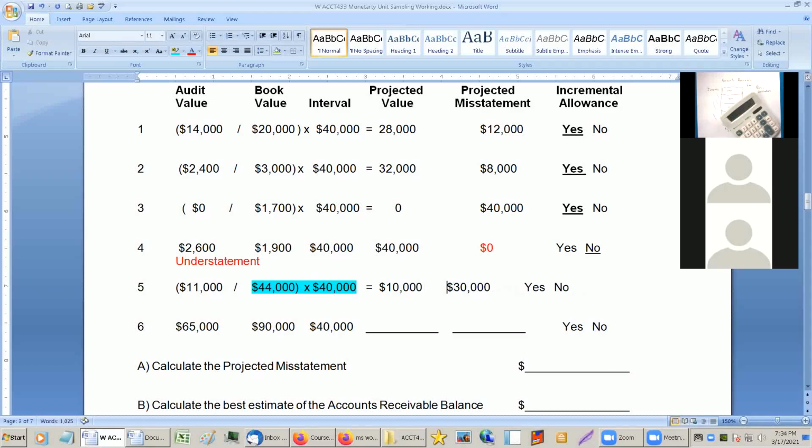So if we just multiply it out like usual, there's a problem here. We're projecting a misstatement of 30,000. How much is this thing actually off by? Just look at item 5. How much is item 5 actually off by?